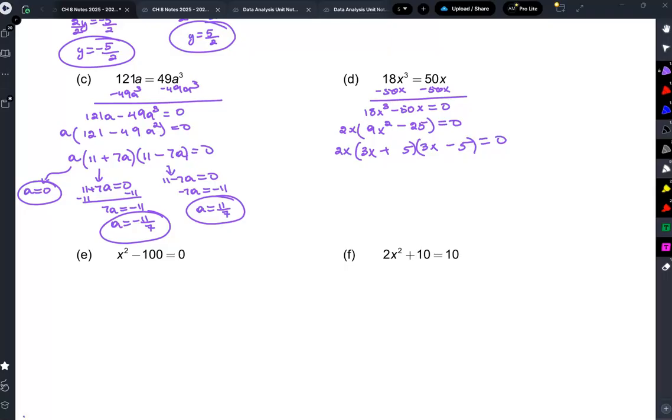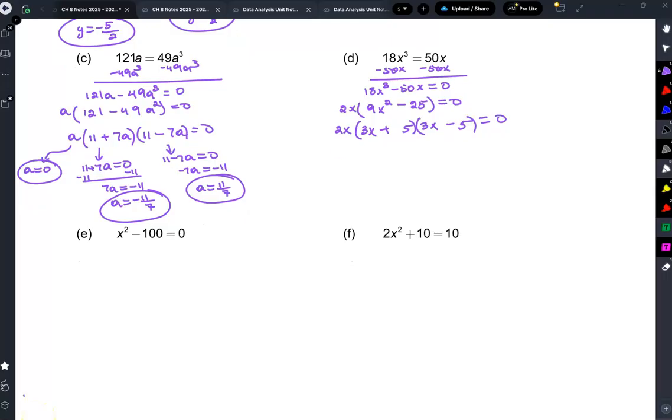Go ahead and solve. Okay. 3 solutions. You should get 2x equals 0, so x is 0.